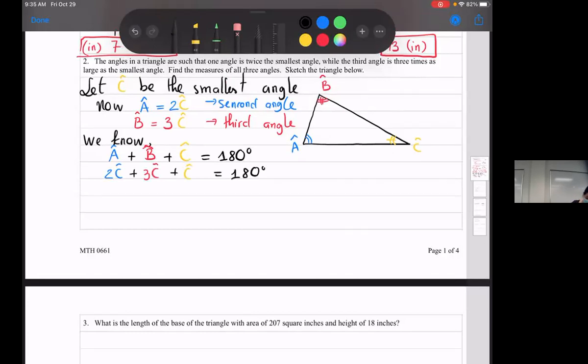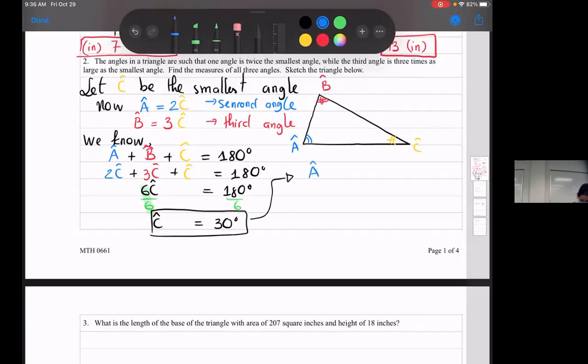Now you can add like terms. They're all C, right? 2C plus 3C plus 1C is 6C. 6C hat equals 180 degrees. Divide both sides by 6, so C hat equals 30 degrees. Don't stop here; you're gonna find the other angles too.